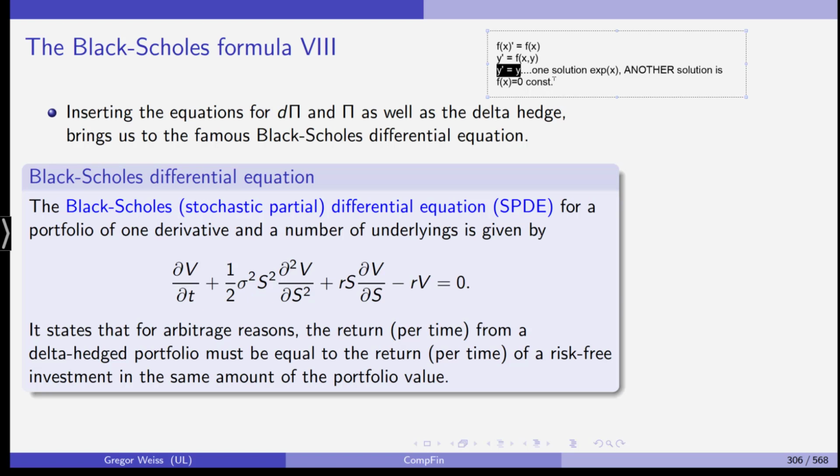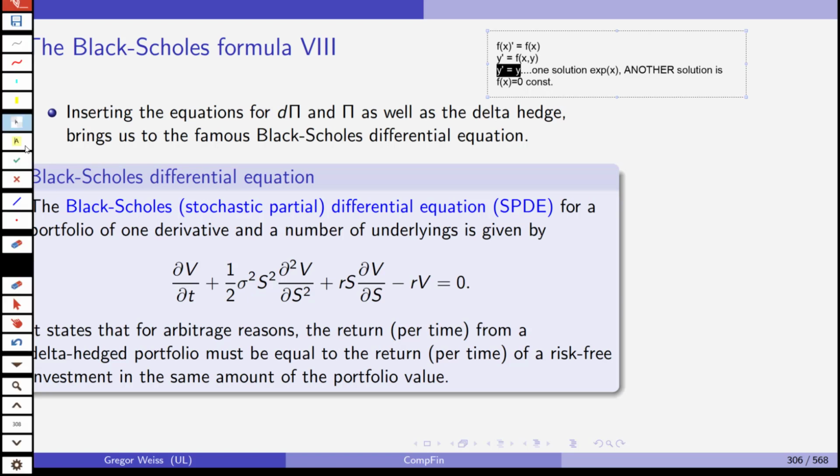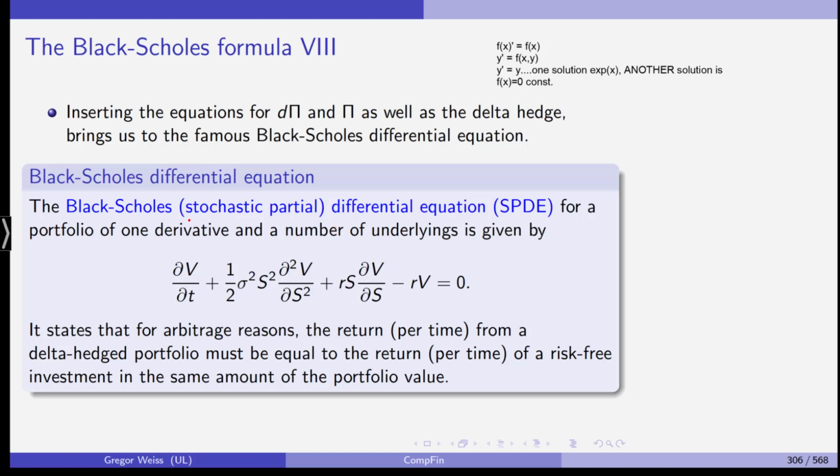And what you see here is simply a stochastic version and a partial differential equation, which means that this is a function in more than one variable and you have partial derivatives in the equation. So we are now looking to solve this partial differential equation, and as a solution we are looking for a function. Now, how can you solve this, for example here, and decide whether it's the exponential function or 0?